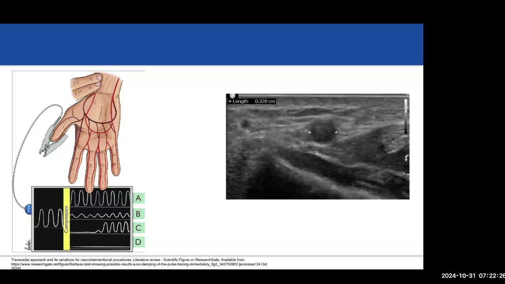Okay, so basically, with the patient supine and the arm outstretched, we compress both the radial and the ulnar arteries. We need to know that if we've compromised the radial artery, the ulnar artery will take over, because these two arteries communicate through the deep and superficial palmar arches.